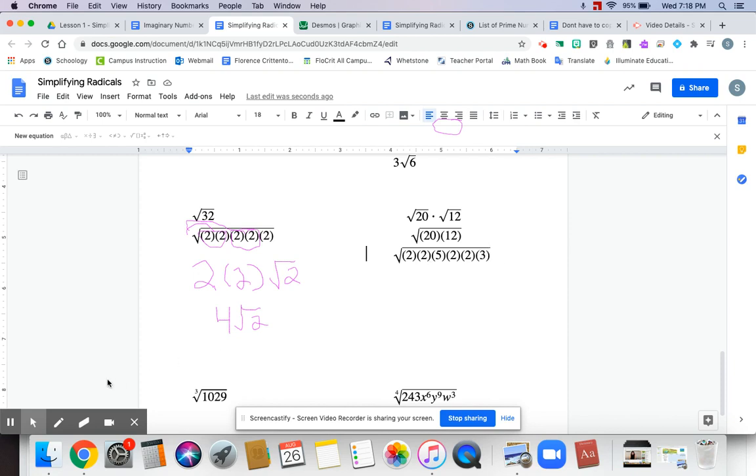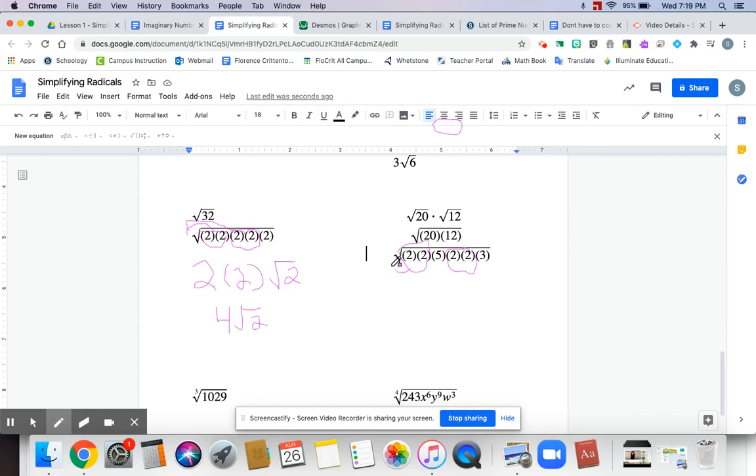And now remember, because it's a square root, if it's under there twice, I can combine them and take them out of the square root. So what's the first number you see under there twice? 2. I see 2 under there twice right here, and later on right here. Is there any other number under the square root twice? No, there's not.